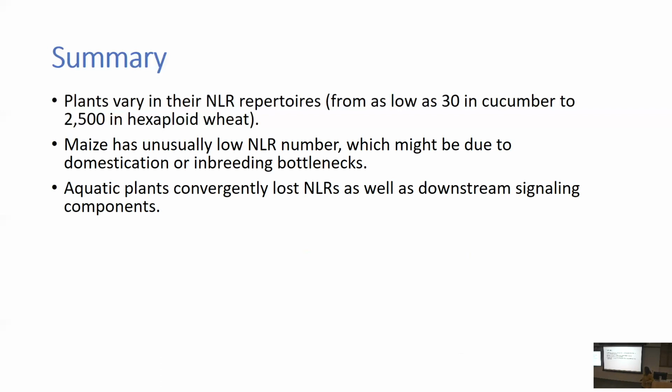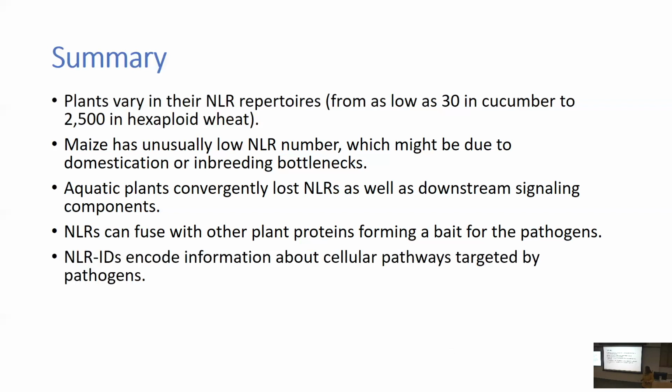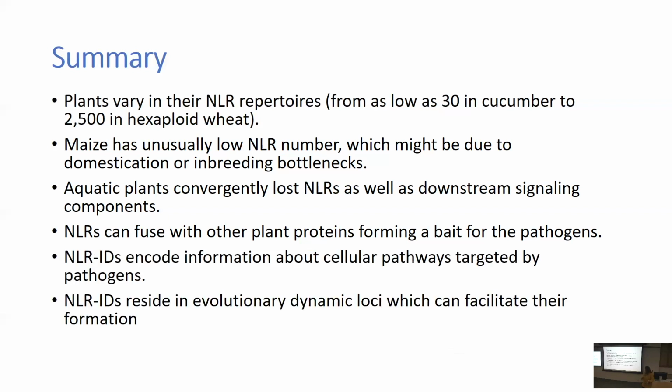Aquatic plants have convergently lost both NLRs and downstream signaling components. And those NLRs are also good markers for understanding how plant proteins can fuse with each other and function. They also allow us to dissect plant-microbe interaction, revealing what might be the proteins targeted by the pathogen.